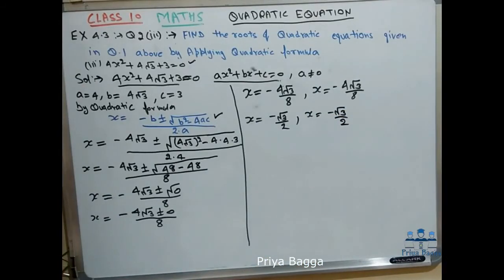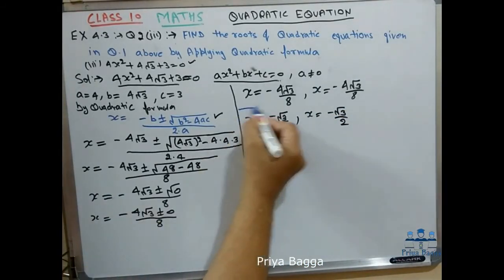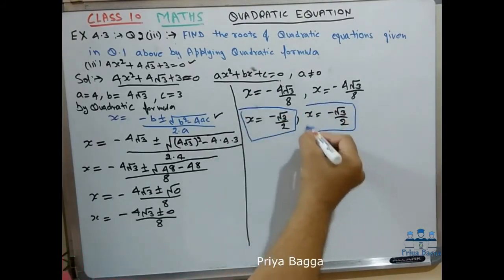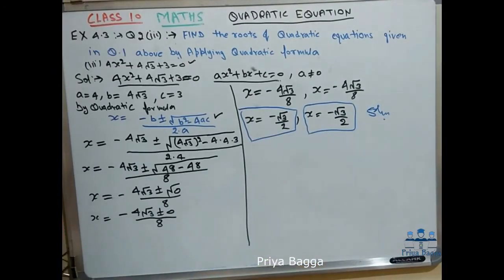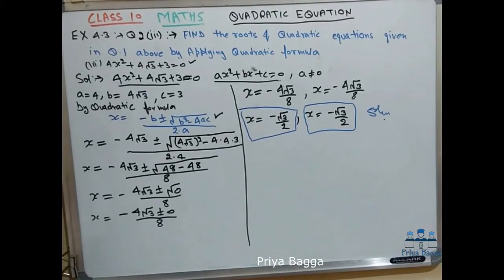So these two are the values of x. These two are the roots, the solutions of this particular quadratic equation. How actually these two are the same solution. So this quadratic equation has the same roots, which is x equal to minus square root of 3 upon 2.